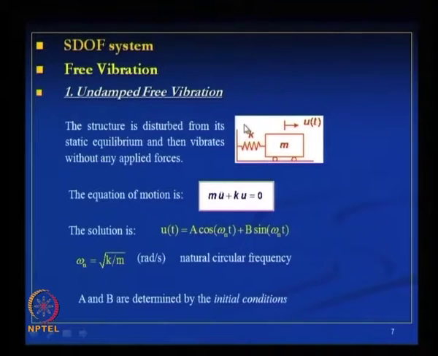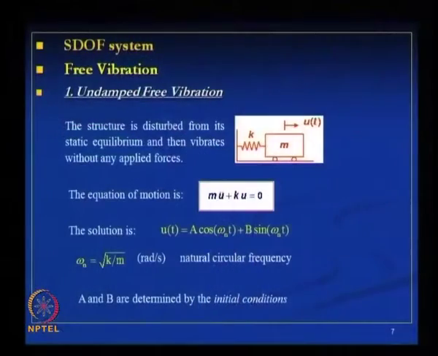Initial valued problem means at time t equals 0, when the system is starting its vibration, we know either its displacement or its velocity. So, either u or u dot is known to us at time t equals 0. That is why these are called initial valued problems.